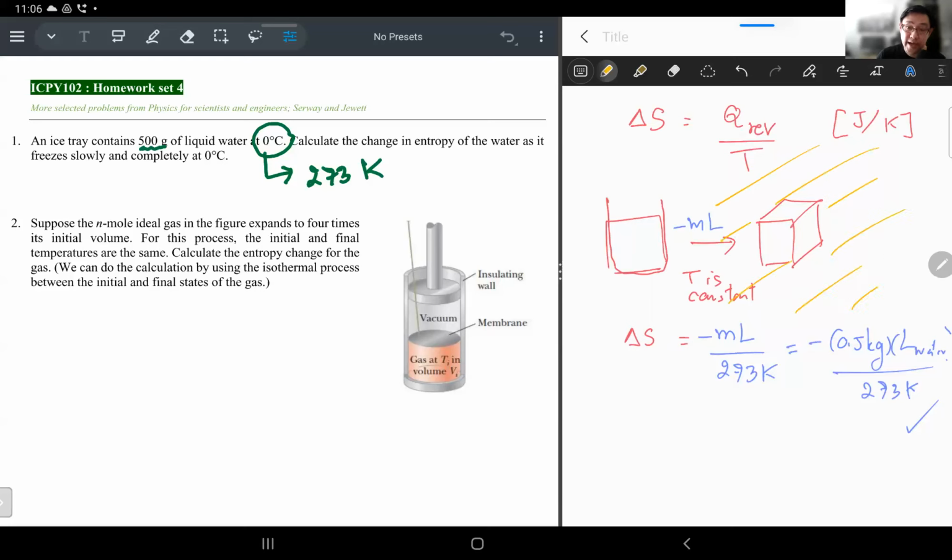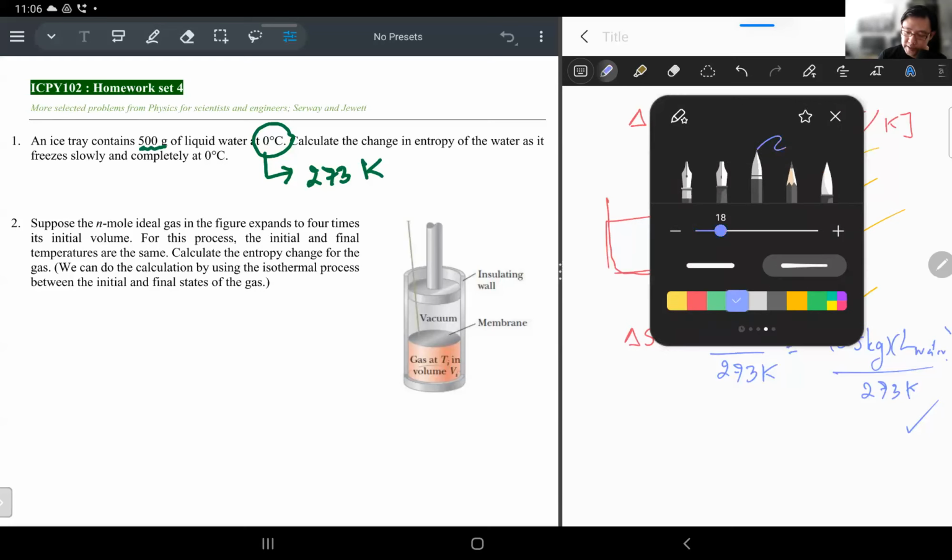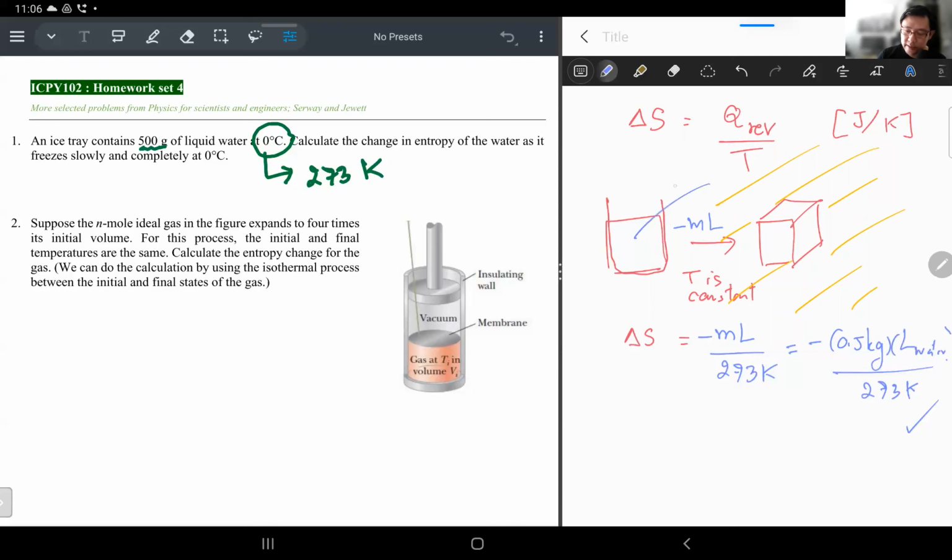So what I'm saying over here is heat leaves the system. So it means heat leaves the water. Some heat leaves the water. It has to enter the environment. You guys with me? Q system.